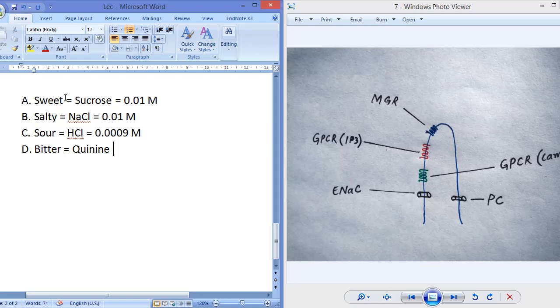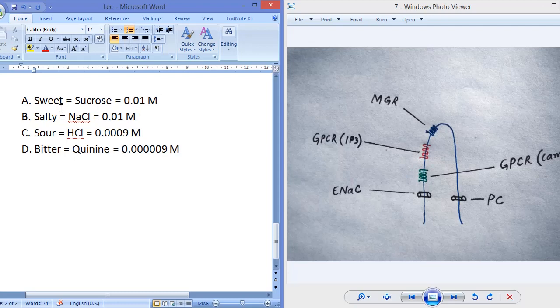Similarly, for quinine or for the bitter taste, this is considered as 0.0000009 molar. So it means that below 0.01 molar concentration of any sweet element, this receptor will not be able to detect that taste.